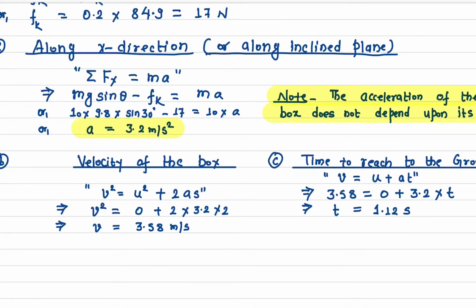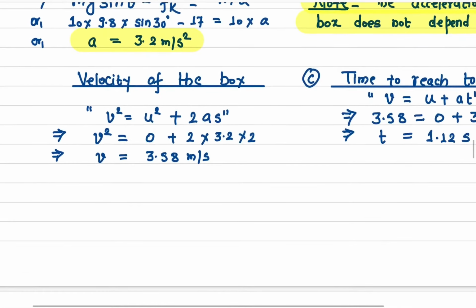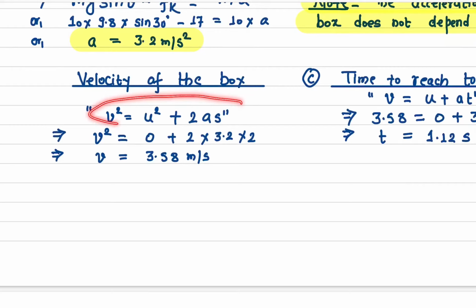All right. So now let's calculate the velocity when it comes to the end of the inclined plane, at this point. We're going to use the kinematic equations. V squared is equal to u squared plus 2as, where v is the final velocity that we want to find, u is the initial velocity, a is the acceleration, and s is the distance.